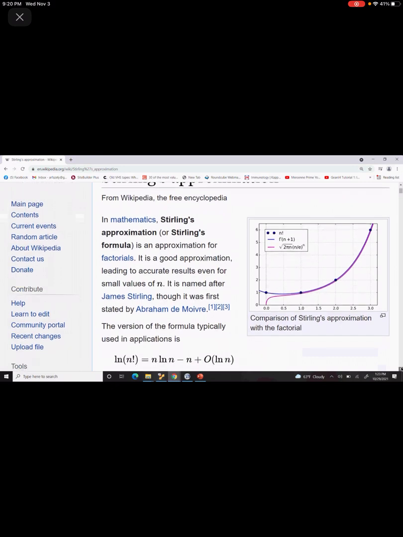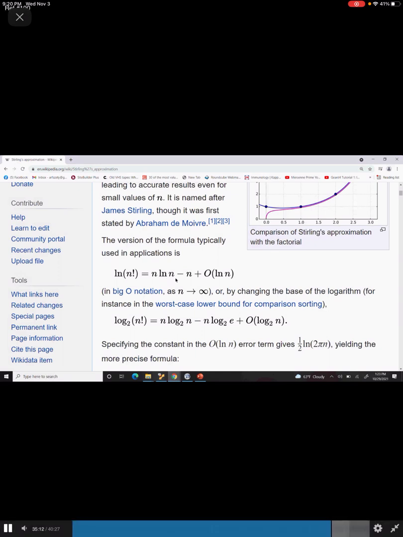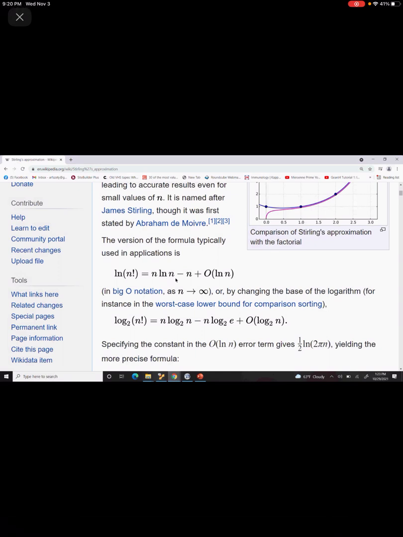This is Stirling's approximation: log of n factorial is approximately n log n.